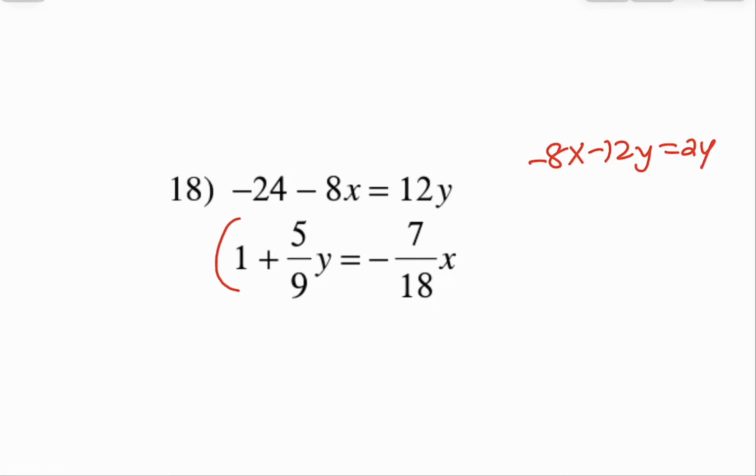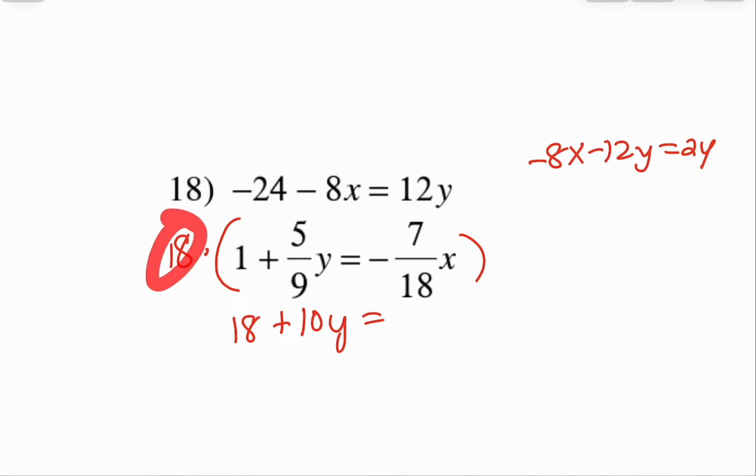Now the next thing I'm going to do is find the common denominator. The least common multiple that both 9 and 18 can divide into is 18. Now when I do that, I get 18. Now 18 times 5 is 90, divided by 9 is 10.